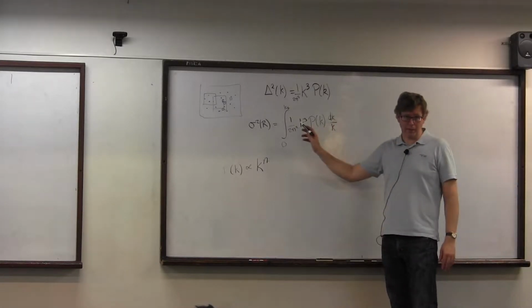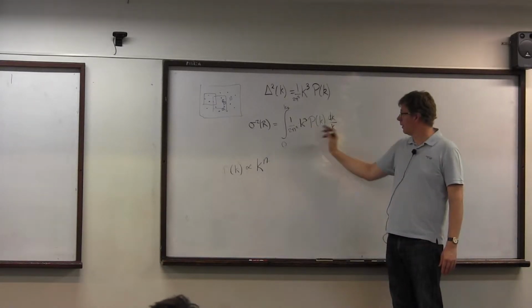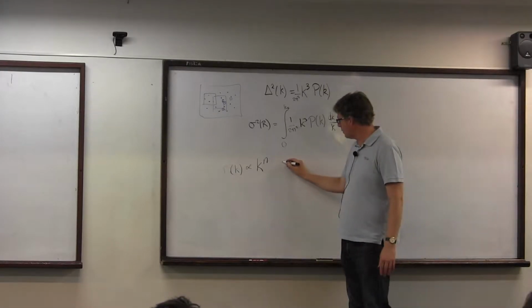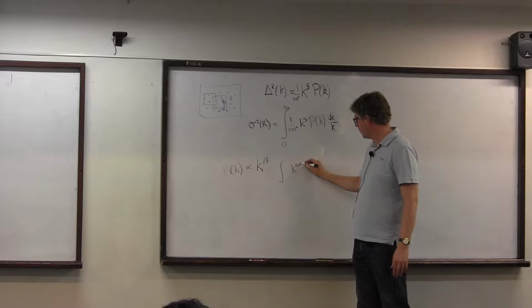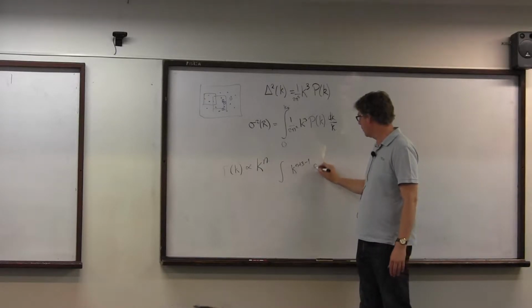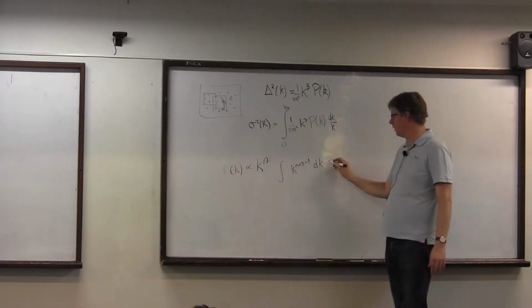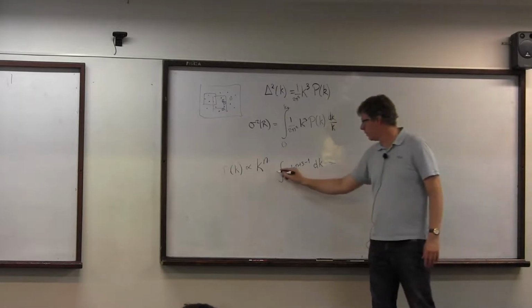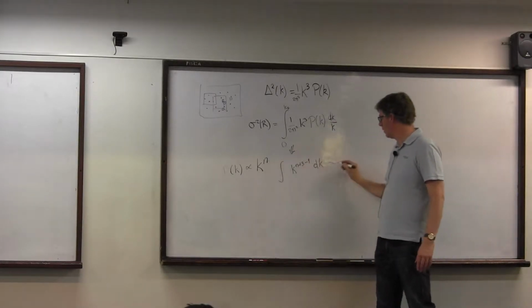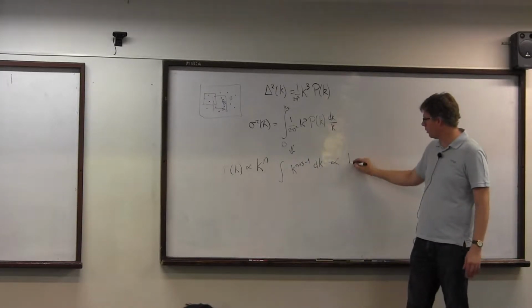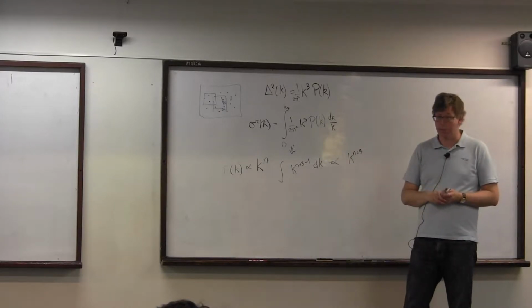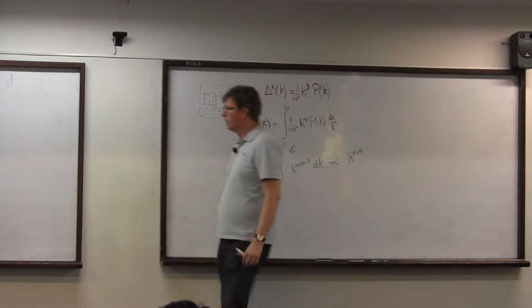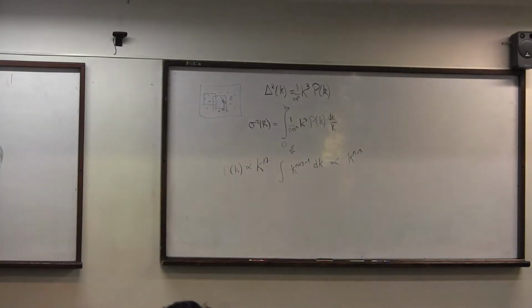If I put that into this integral, I get an integral of k to the n plus 3 minus 1 dk, and that's going to be proportional to k to the n plus 3. That's essentially this relationship here.